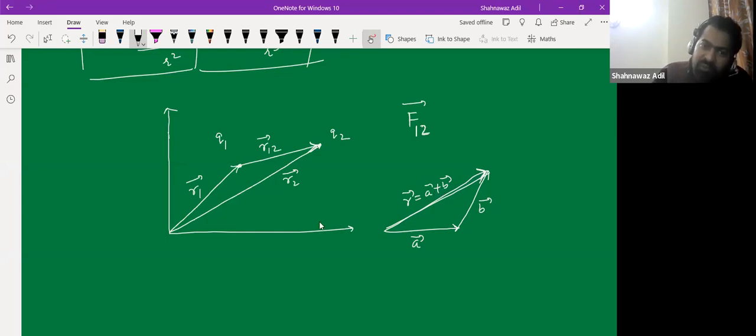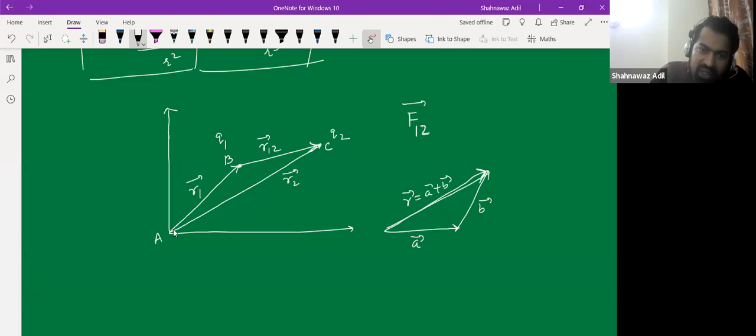Similarly, we have this vector. Let's say these points are A, B, and C. So AB plus BC would be a vectorial addition, not the magnitude part.